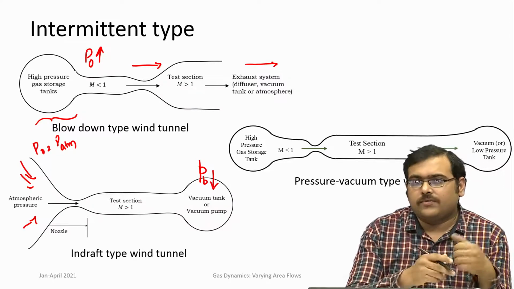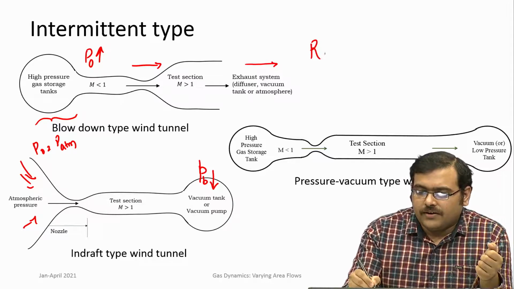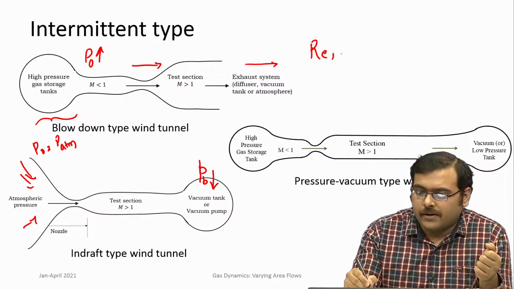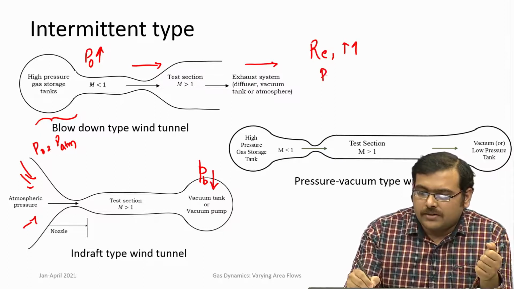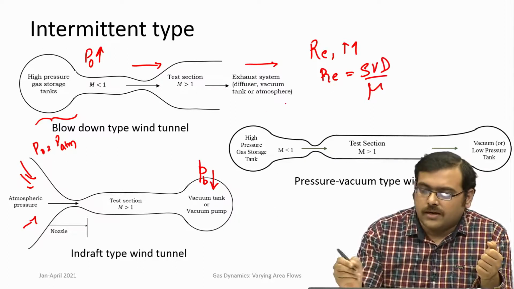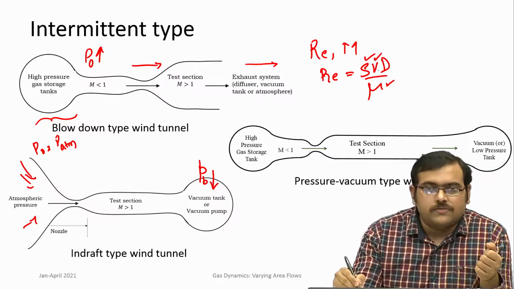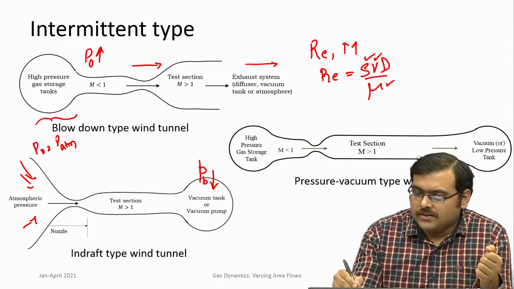Why do we need different kinds of facilities? We need to get different Reynolds numbers and Mach numbers. A Reynolds number is rho v d by nu. So, in a compressible flow, nu, rho and v, all of them are variables. D is a typical dimension.